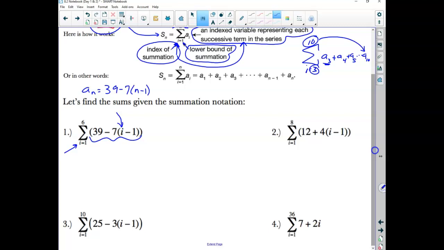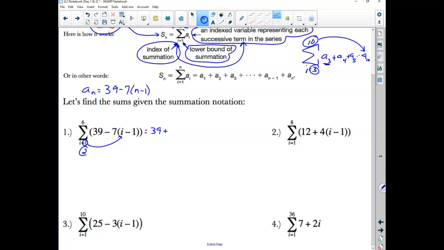And if we had to list out all the terms, a sub 1 all the way through a sub 6, I would be listing things out. If I took a 1 and plugged it in here, that's 1 minus 1, that's 0 times 7. So my first number is 39 plus.